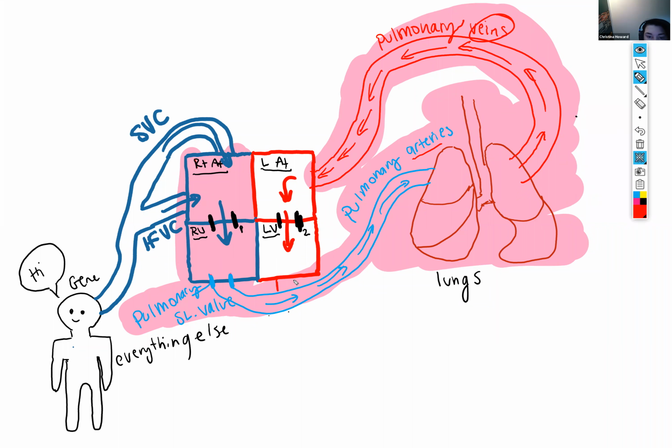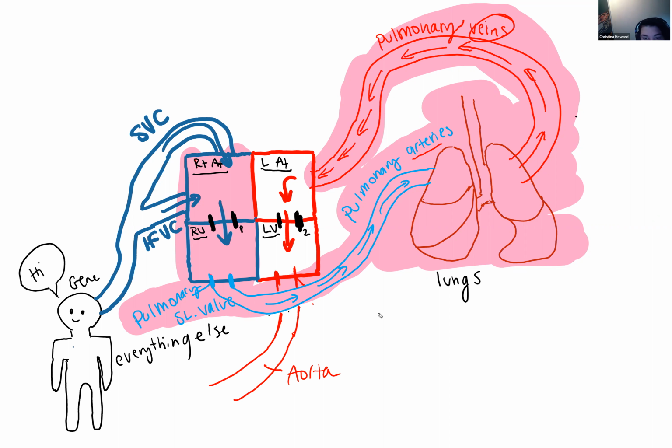Now, obviously the aorta's position in this drawing is not accurate, so don't take this drawing to be an anatomical truth. Let's just put it that way. It's a schematic diagram. And that means that this sucker right here is the aortic semilunar valve.